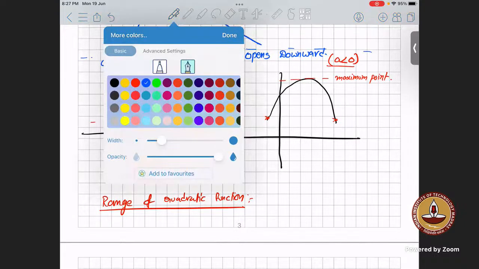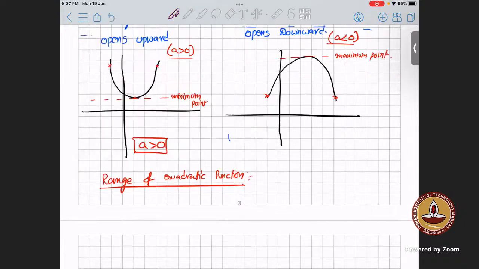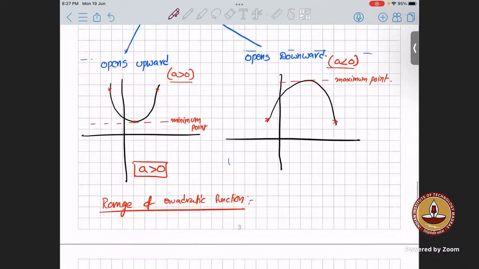Listen to this carefully. In this graph, the range is greater than the minimum. f of x must be greater than the minimum value. Agree? So it can be the minimum also.